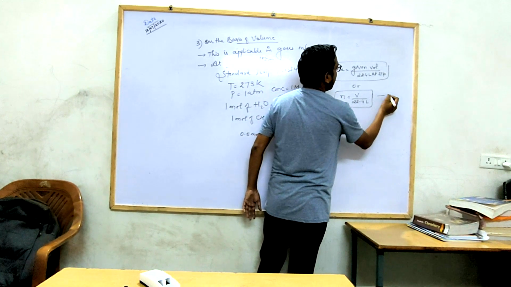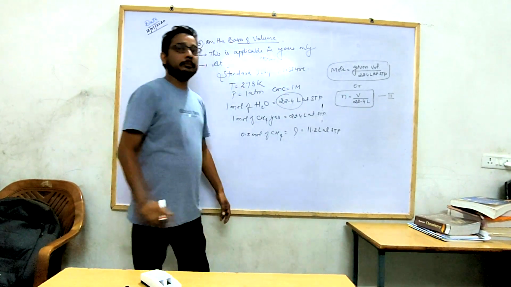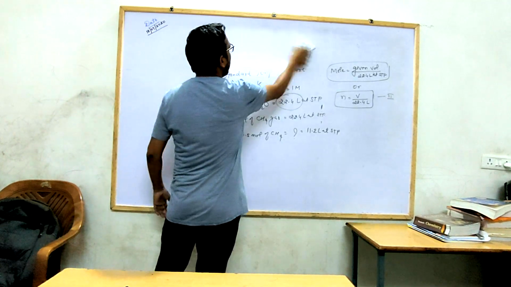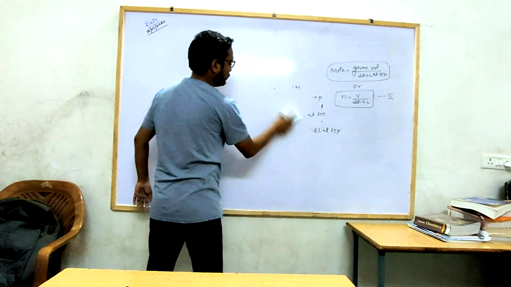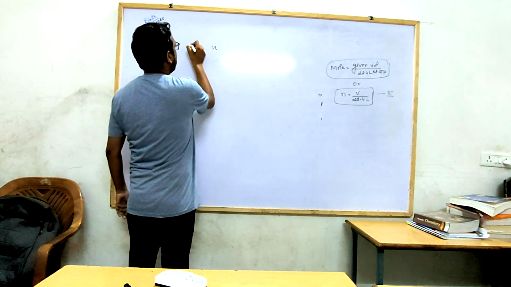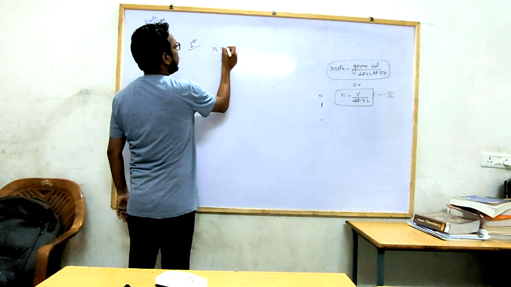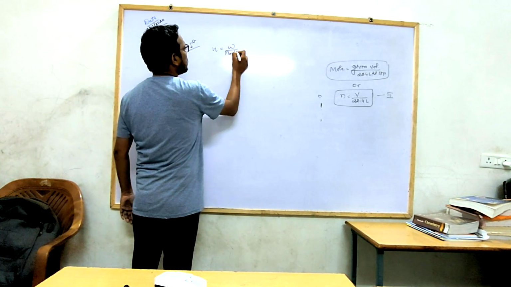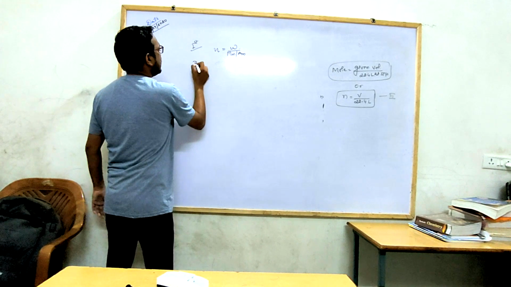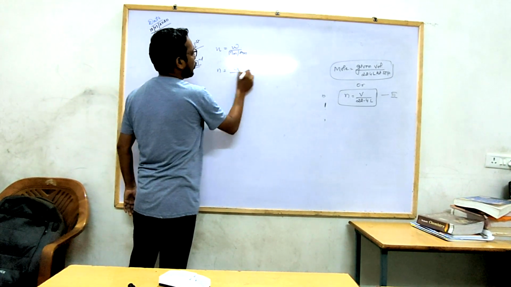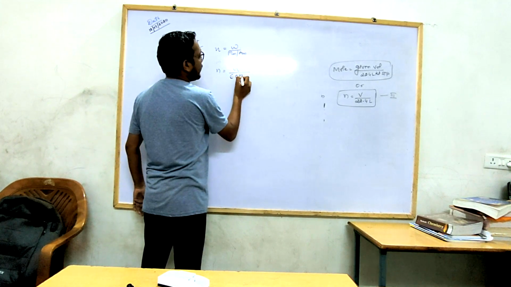This is our third formula. Now we will combine all the three formulas. What is the first formula? First formula, n equal to weight upon molar mass, atomic mass. Second formula, n equal to quantity upon Avogadro number.